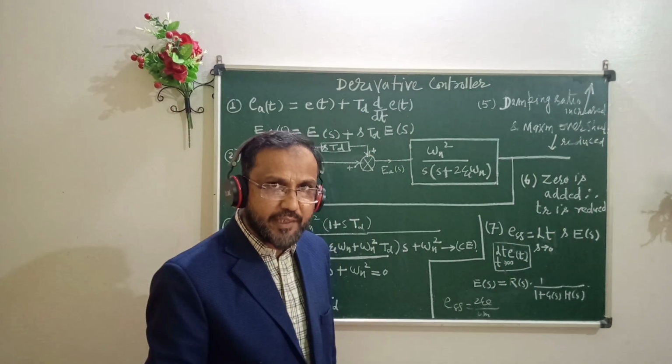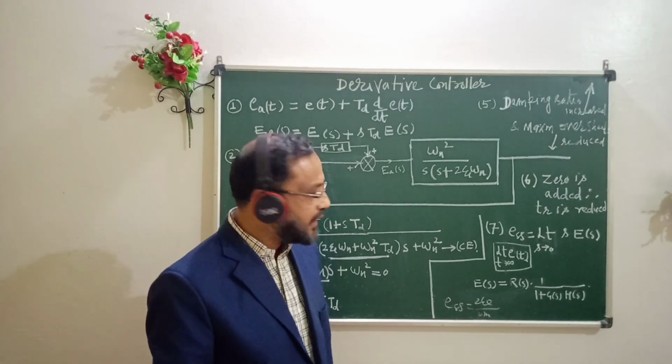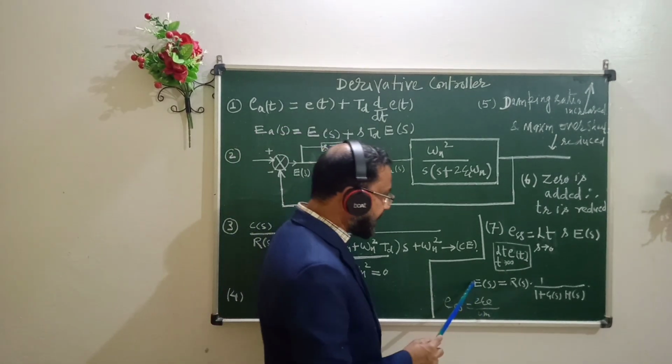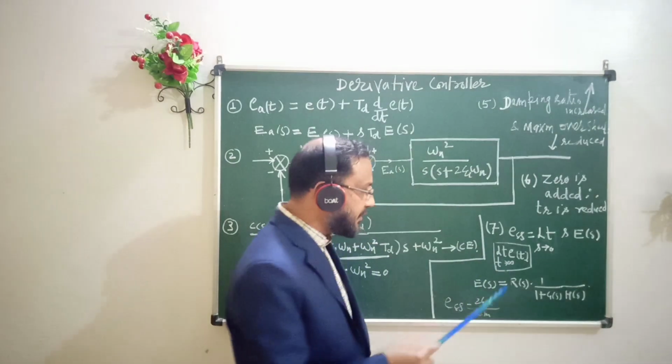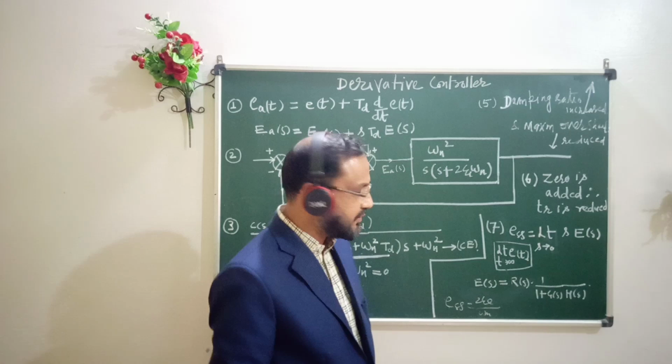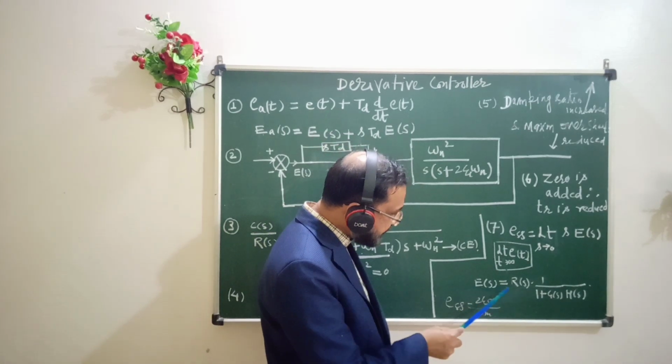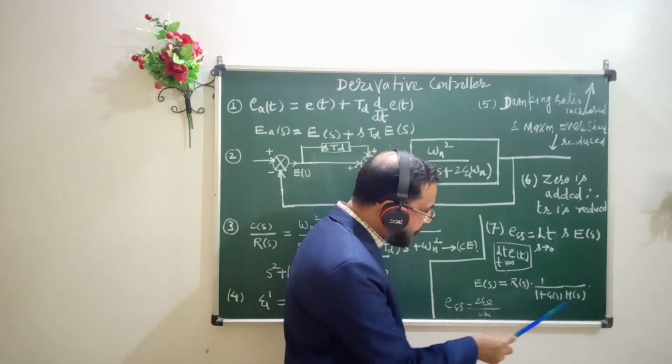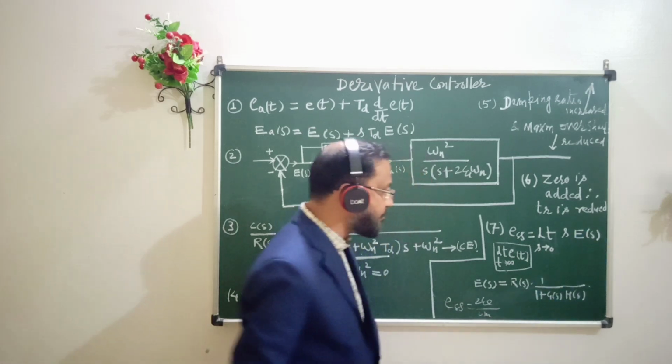Final value theorem is written for error signal e(t). And error transformation ratio is known to us. E(s) by R(s) equal to 1 upon 1 plus G(s)H(s), which can be written as E(s) equal to R(s) into 1 upon 1 plus G(s)H(s).